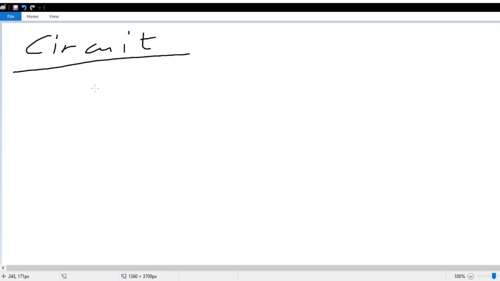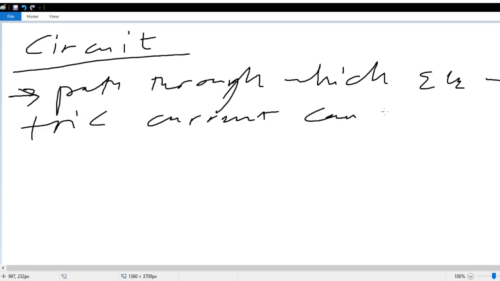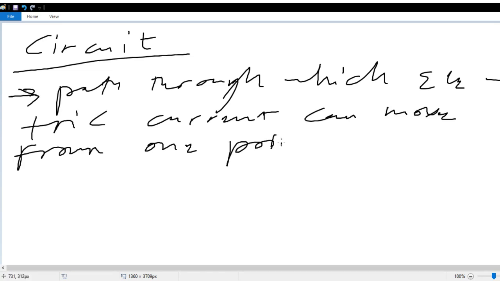This is the path through which electric current can move from one point to another.